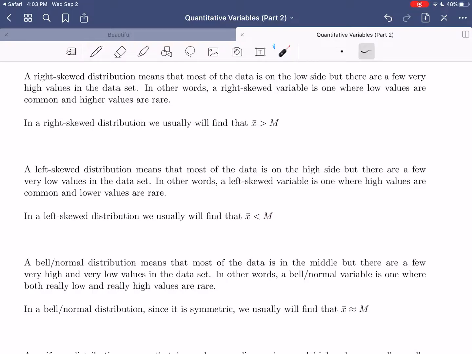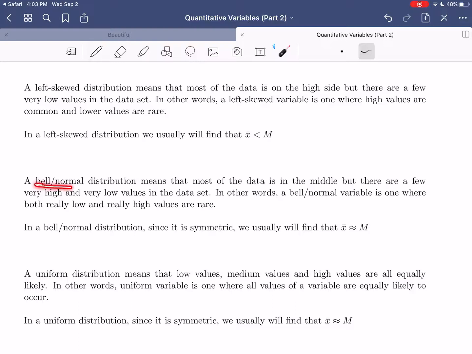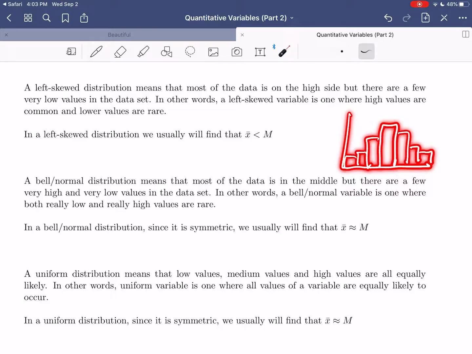All right, what about symmetric distributions? A bell normal distribution means that most of the data is in the middle, but there are a few very high and very low values in the data set. So bell normal means that you've got tall bars in the middle, and then they get progressively smaller on both sides. Most individuals are here in the middle, a few are much lower, and a few are much higher.